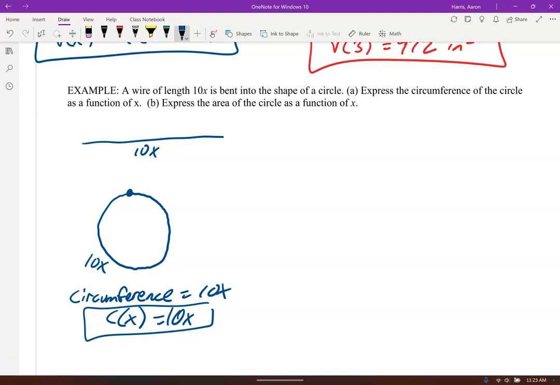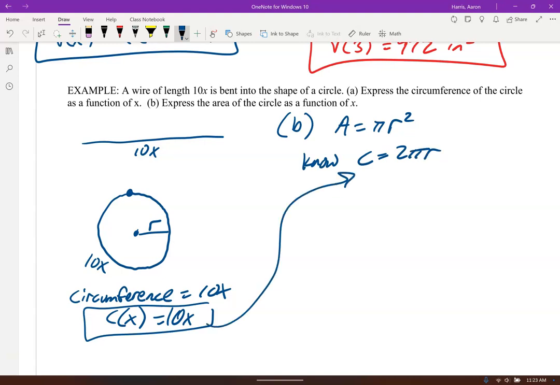Well, part B says express the area of the circle as a function of x. Well, for part B, remember the area of a circle is pi r squared. If I know the radius, it's pi times the radius squared. We also know the circumference of a circle is 2 pi r, and we know the circumference is 10x. So what we could do is we could solve for r. So r is 10x over 2 pi, so 5x over pi.